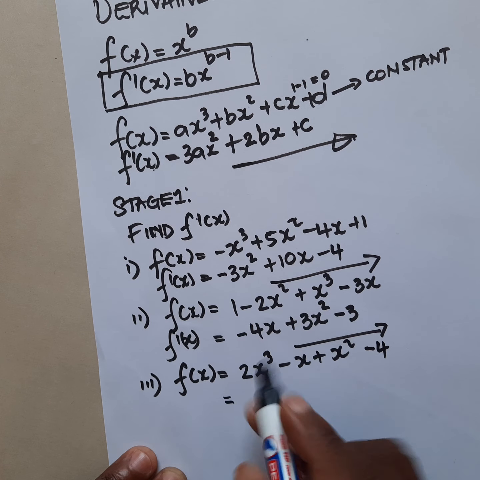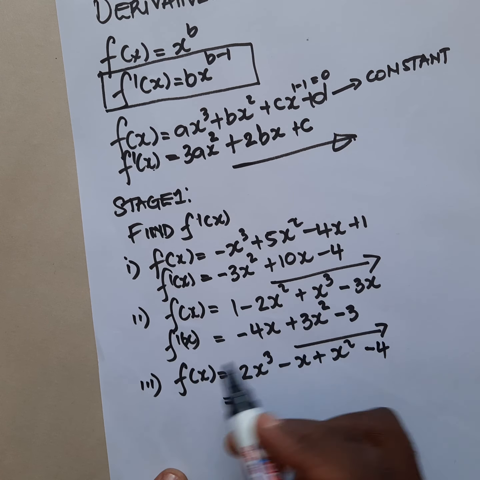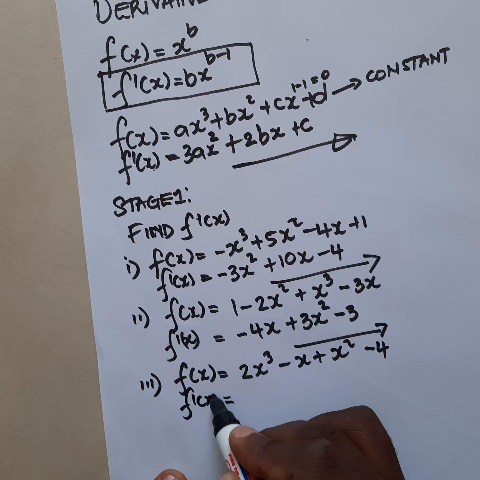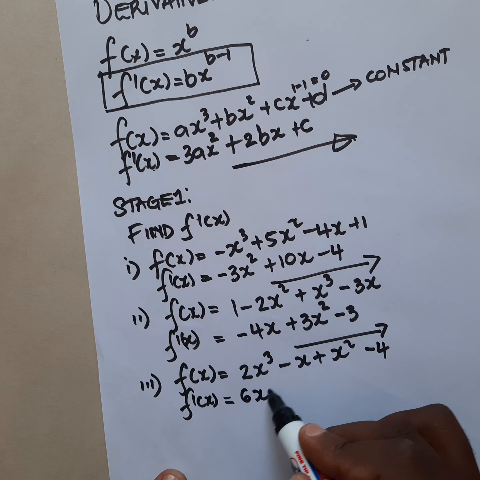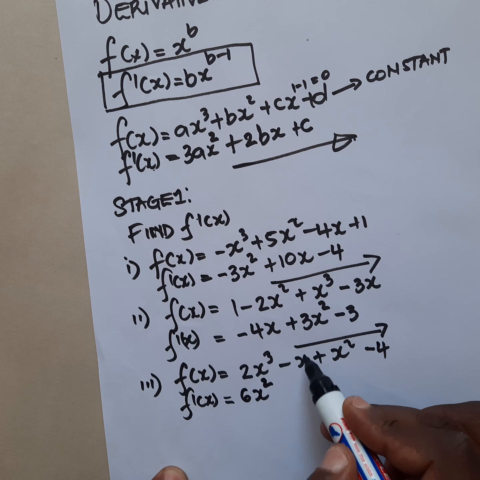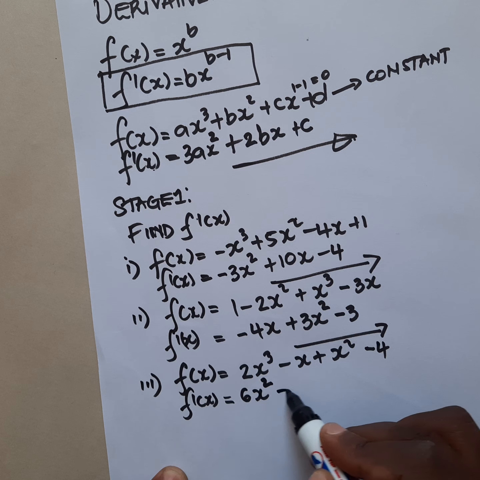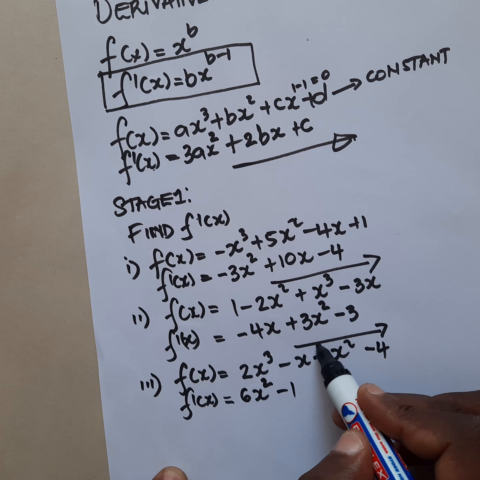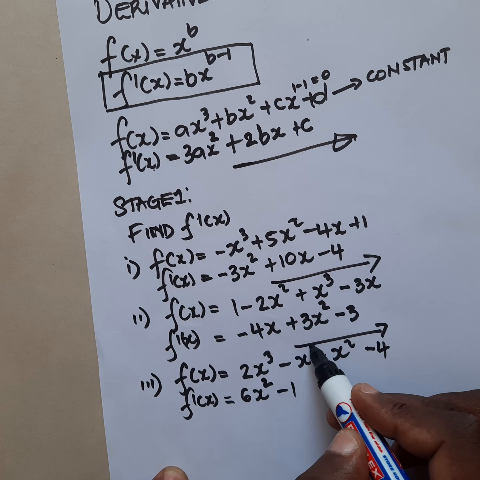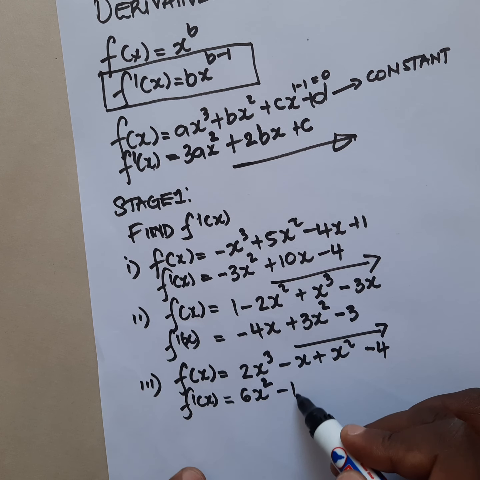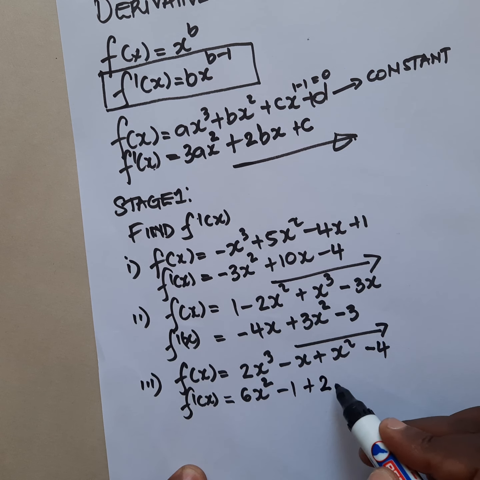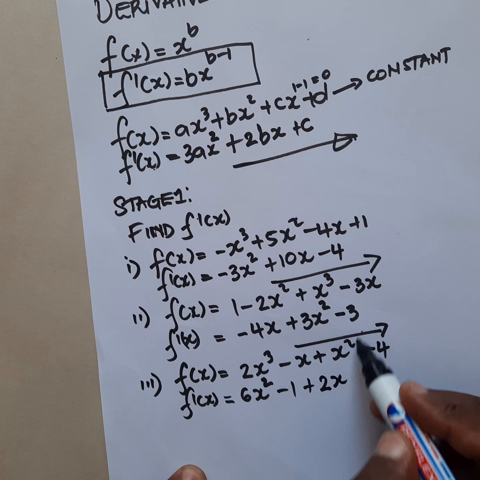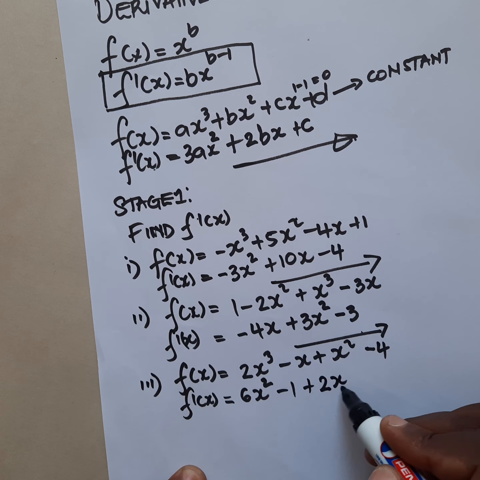Okay, we need to find the derivative of f of x here. 3 times 2, 6. 3 minus 1, it's 2. 1 times negative 1, it's negative 1. 1 minus 1, it's 0. Any number to the power 0 is 1. So x to the power 0, it's 1. 1 times negative 1, it's negative 1. Okay, 2 times 1 is 2. 2 minus 1, it's 1. So we are left with 2x.